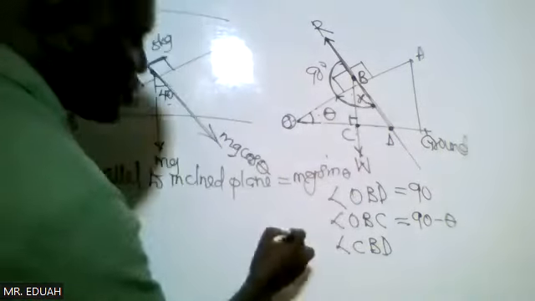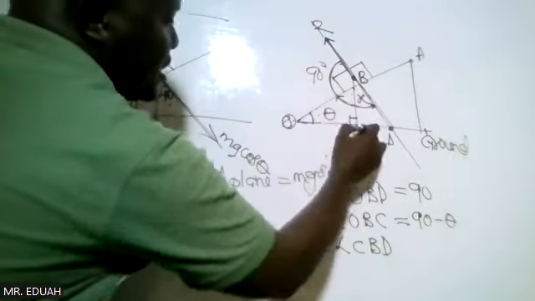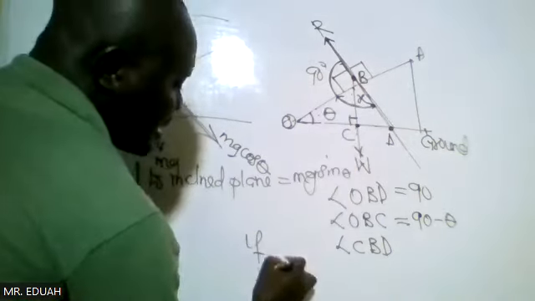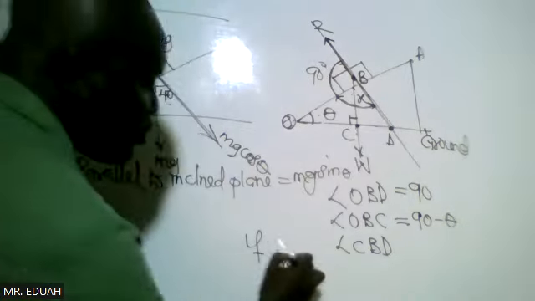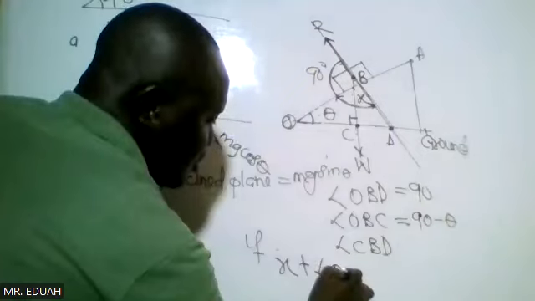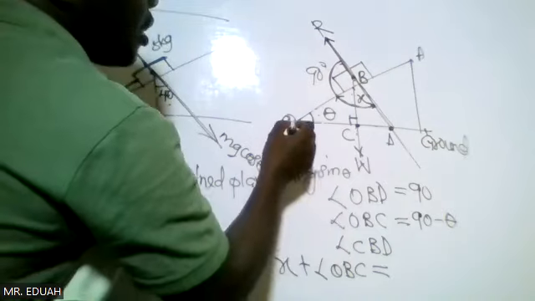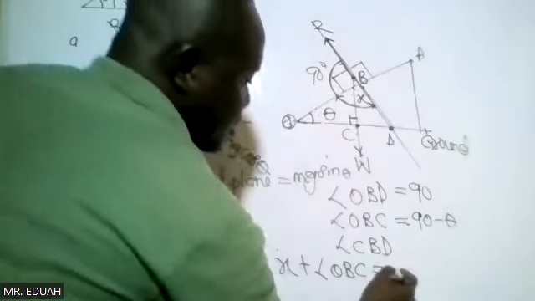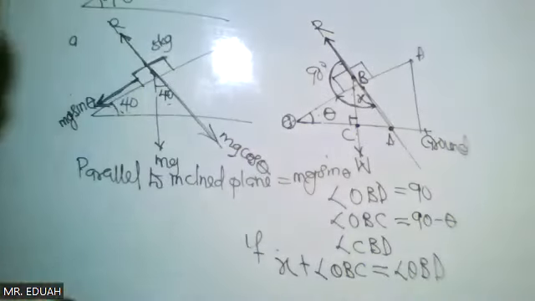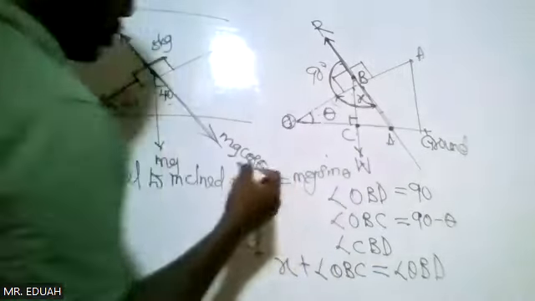So angle X plus angle OBC must be equal to angle OBD, which is the whole of this angle.